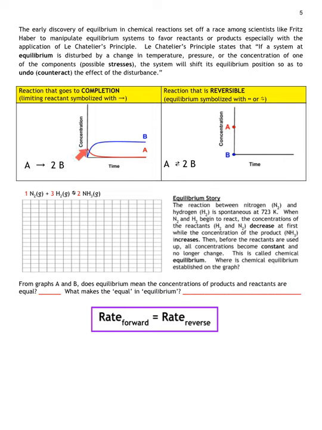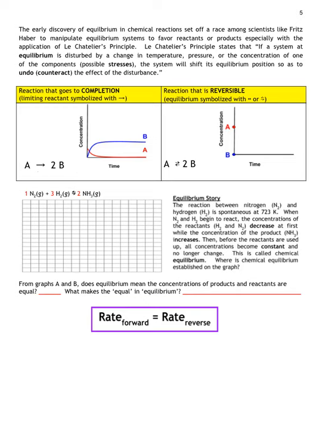So if you look at this, A is decreasing until it hits a concentration of 0 as time passes. And that is when B also levels out and no longer increases. But notice how B is twice the amount of A in the end, just like the stoichiometry shows.